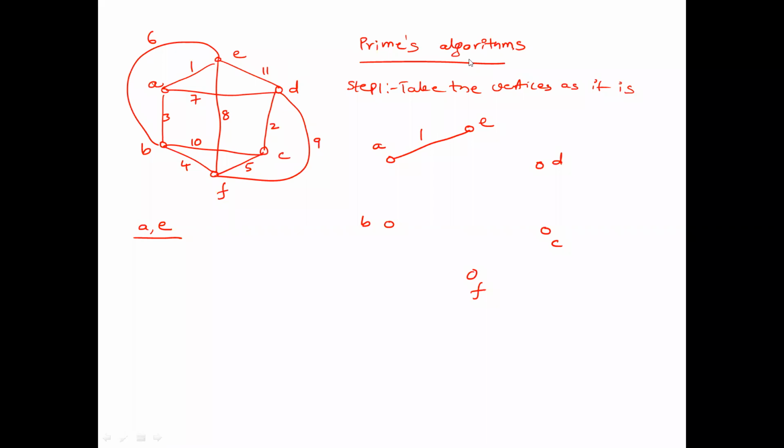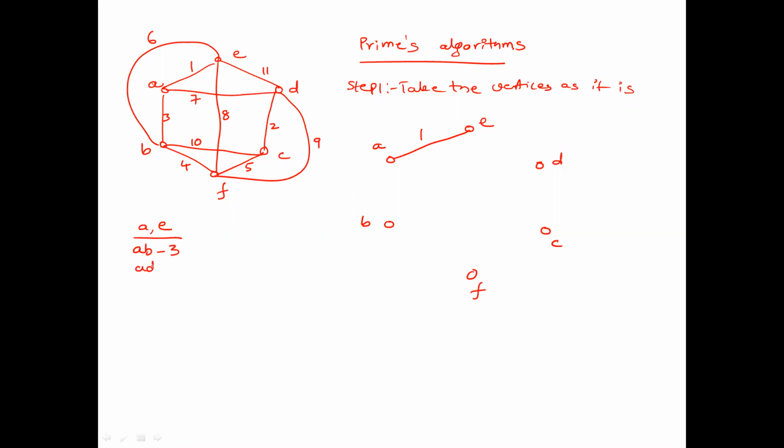So now you list out the edges corresponding to A, comma E. Can anybody tell me what the edges corresponding to A, comma E are? You have to list all here. With respect to A, AB is one edge whose cost is 3.